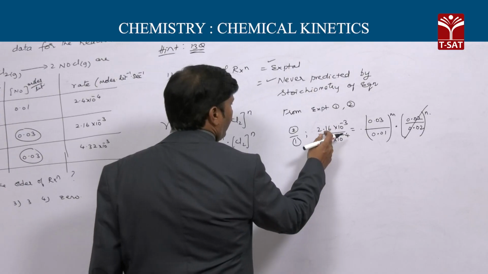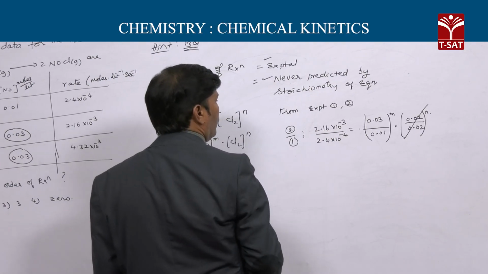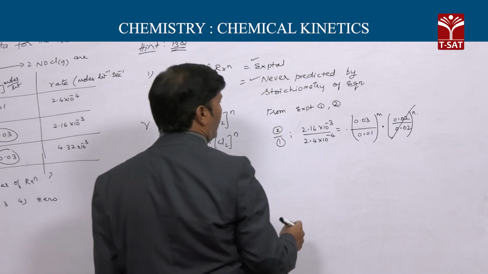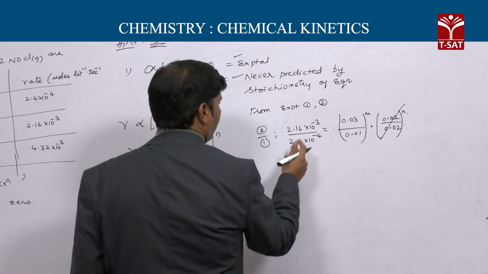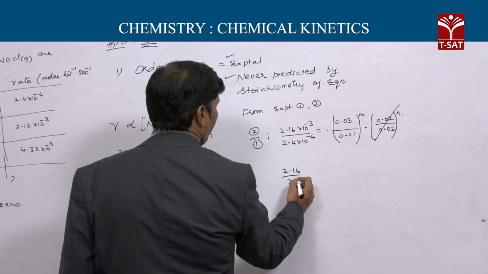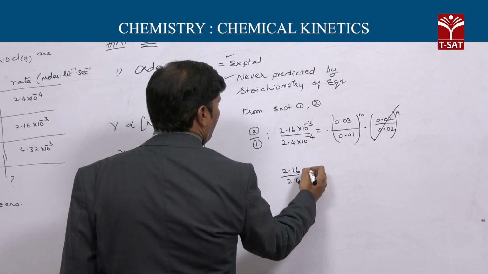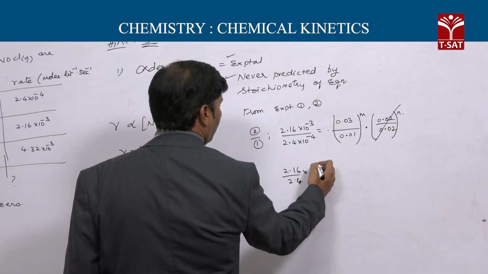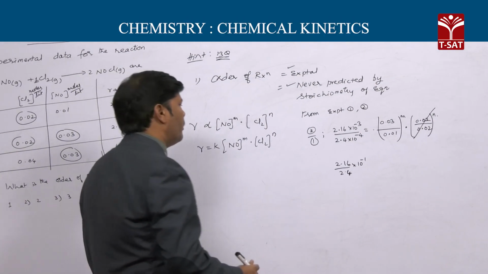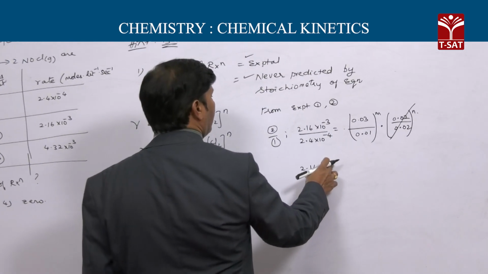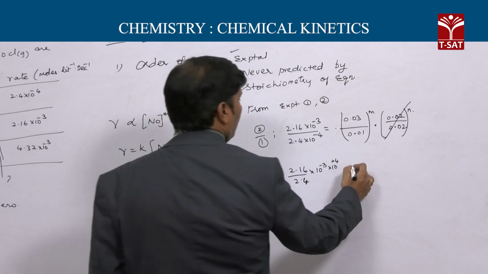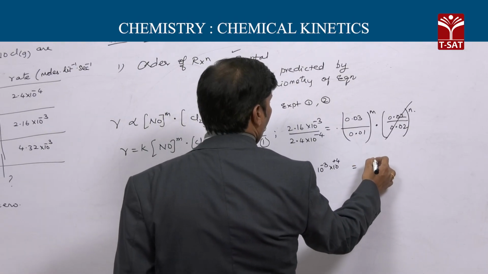And this is going to be roughly, upon simplification, 2.16 divided by 2.4 into 10 to the power of minus 3 into 10 to the power of plus 4, is equal to 3 to the power of m.